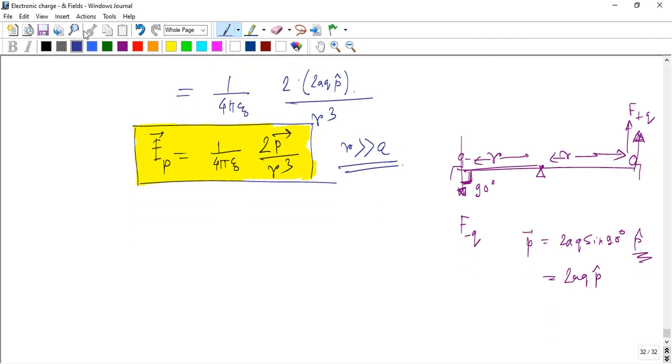Now calculate the same, the electric field E P for points on the equatorial plane.